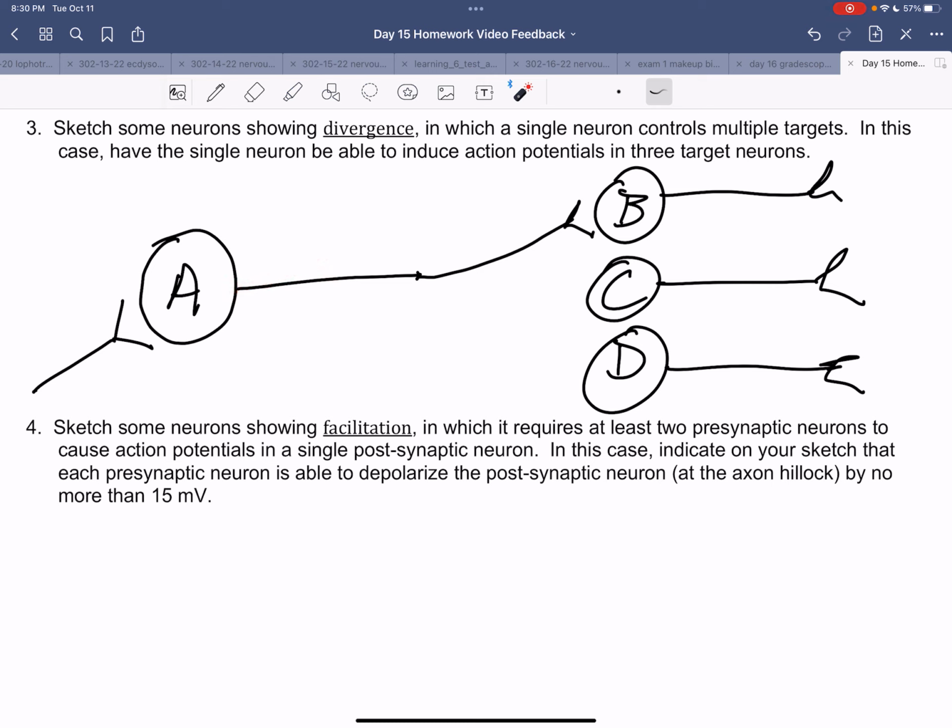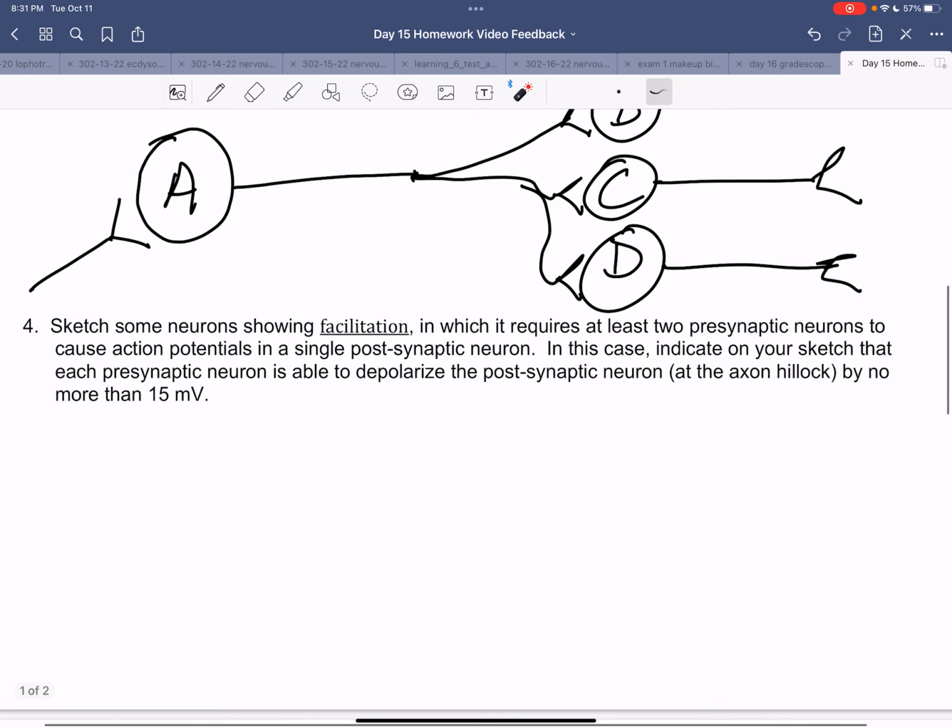That would be wrong. But you can have as many branches on the axons as you want. So here's divergence. If we send an action potential down this neuron, it'll go down that branch. It'll also go down this branch, and in fact, every branch to release neurotransmitter at every single one of these. So we have one neuron A that could cause action potentials in B, C, and D.